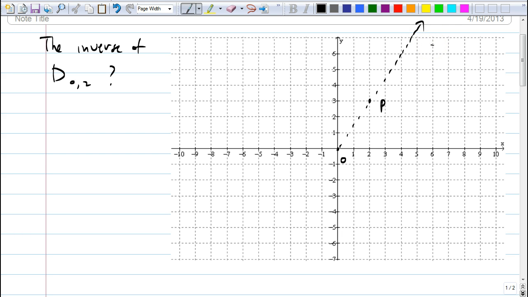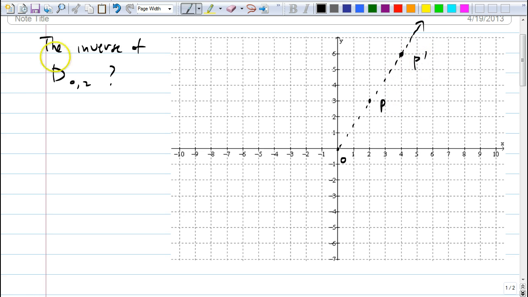Can somebody tell me where P prime will go to? Okay, Katie, what do you think? 4, 6. How many people agree with Katie? She's correct. Whatever the distance of OP is, you do it twice, right? So to get to P, you have to go to the right 2, up 3. So do the same right 2, up 3. That will be at twice the distance. There's my P prime.